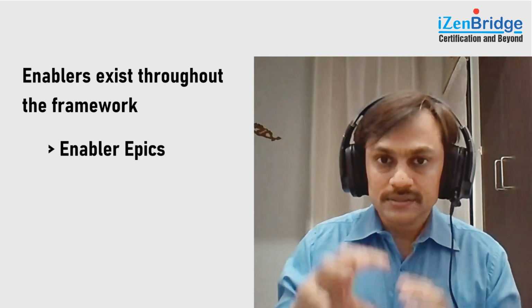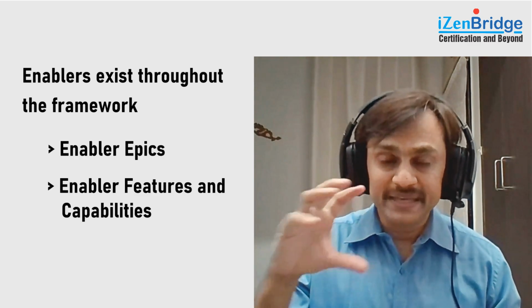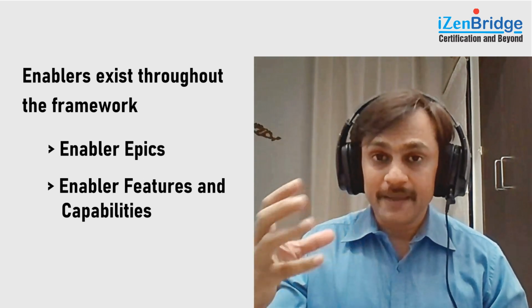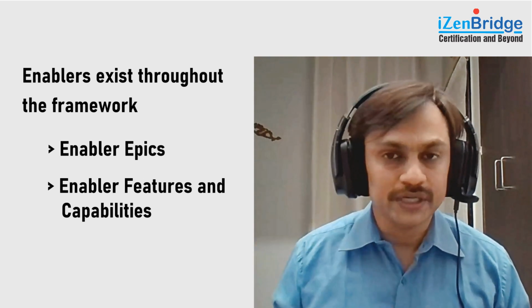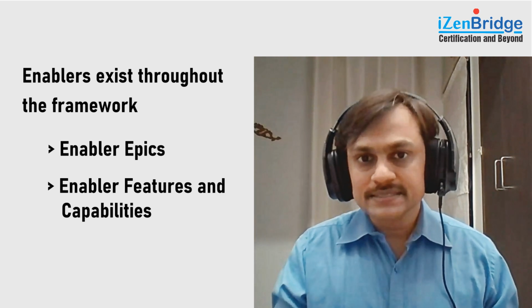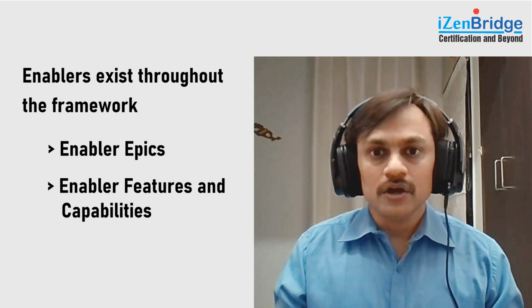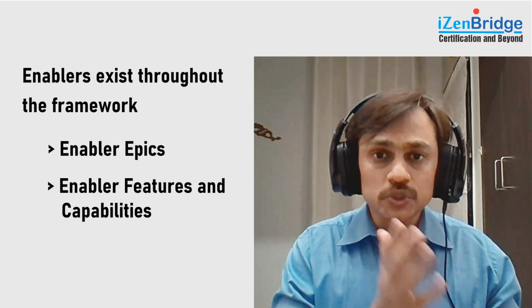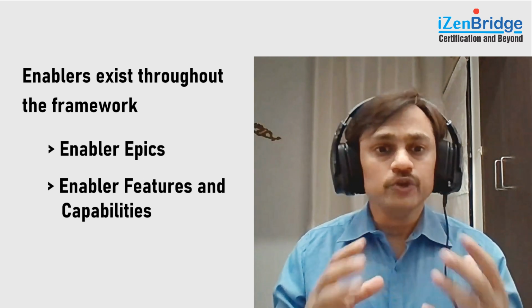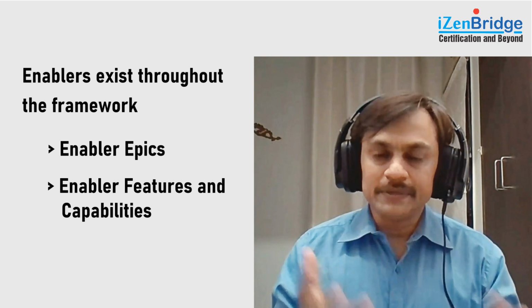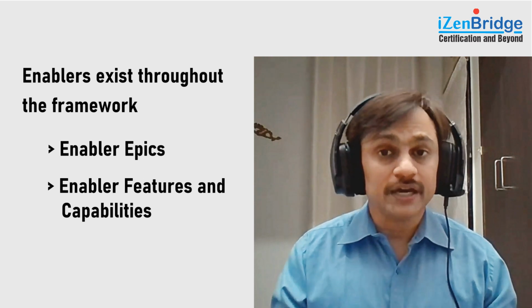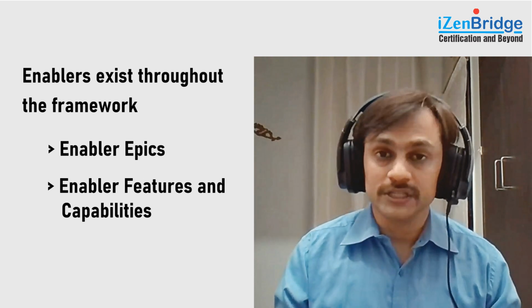The type of requirement which is big in nature, you may call an enabler epic, and it exists at a portfolio level. The enablers which exist at a program level, which will be contained and stored in a program backlog, you may call enabler features and capabilities. If they are falling under the program backlog, you may call them enabler features.